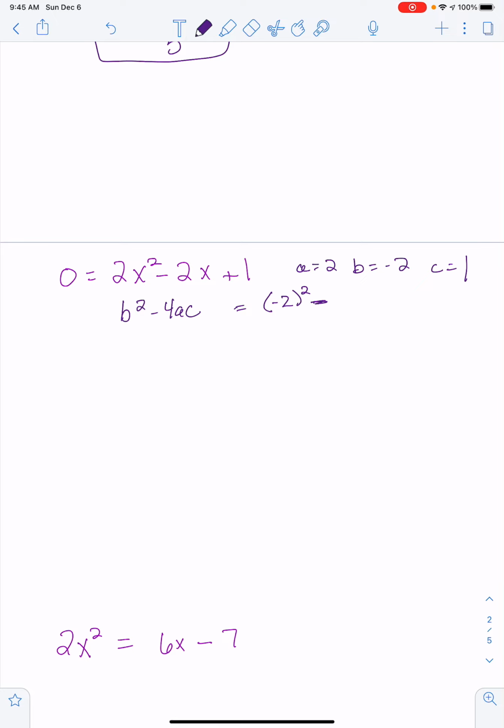Minus 4ac, thanks, 4 times a times c, and that's going to get us 4 minus 4 times 2 is 8 times 1, and we're going to get negative 4. So once again, we're going to get two solutions because it's going to be the plus or minus, and they're going to be imaginary because that discriminant is negative.